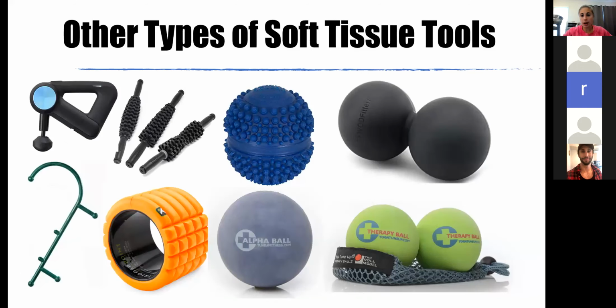Here's a whole bunch of other tools you could use, or maybe you've seen them before. All of them have their advantages or disadvantages, and it's whatever works best for you and whatever you like the most. If you take a look, we'll start on the right side here with the peanut ball, the black one.